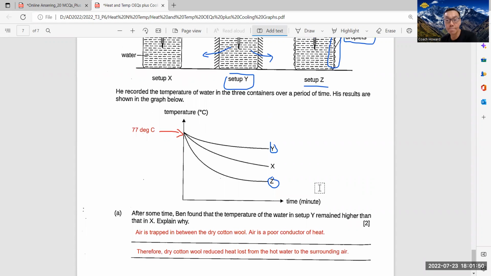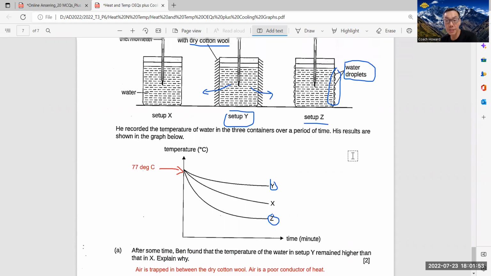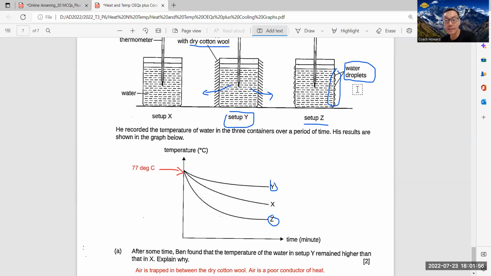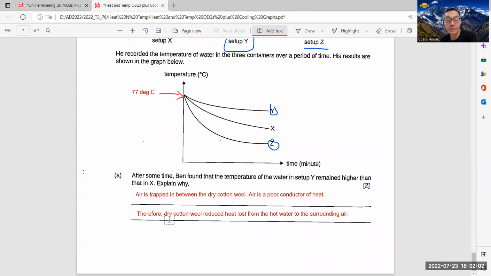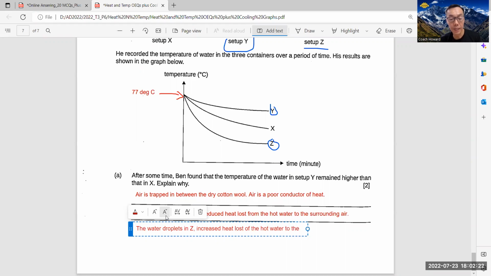To answer even better, because this is a 2-mark question, you can also mention Z. You can say the water droplets present on setup Z increase heat loss of the hot water to the surrounding air.